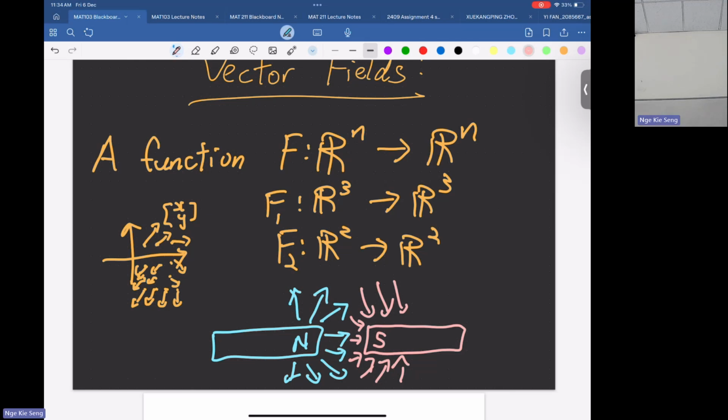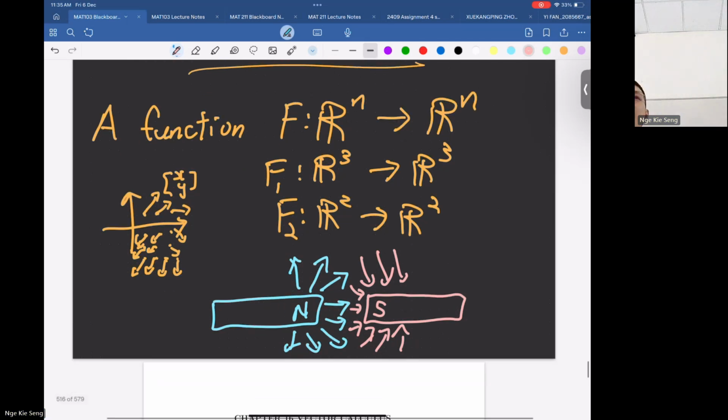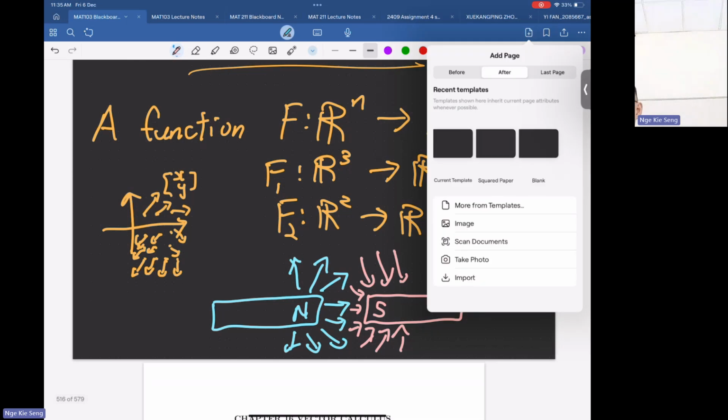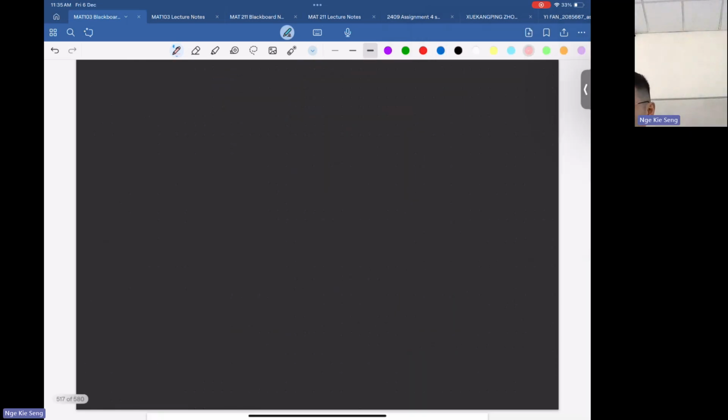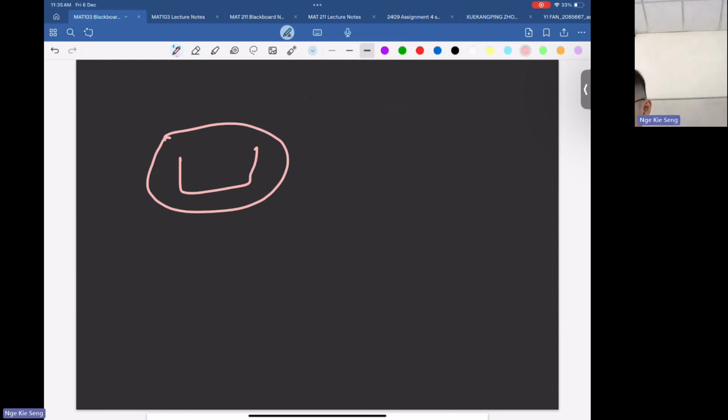Okay, what else? Do you brush your teeth every morning? If you look at your basin, when your water goes into the sink, you will see a flow like this, either a spiral flow or something else.